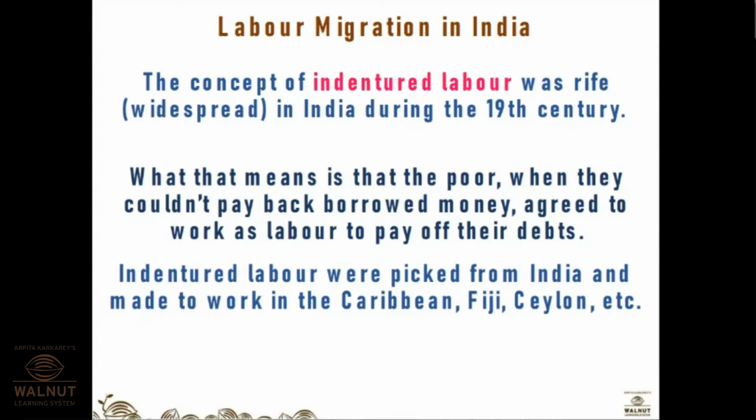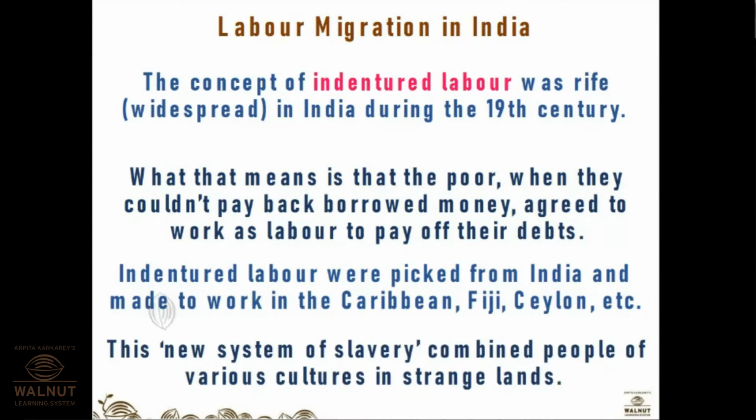Indentured labor was picked from India and made to work in the Caribbean, Fiji, Ceylon, etc. Because these were the areas where they were transferred. Now, this new system of slavery combined people of various cultures in a strange land.